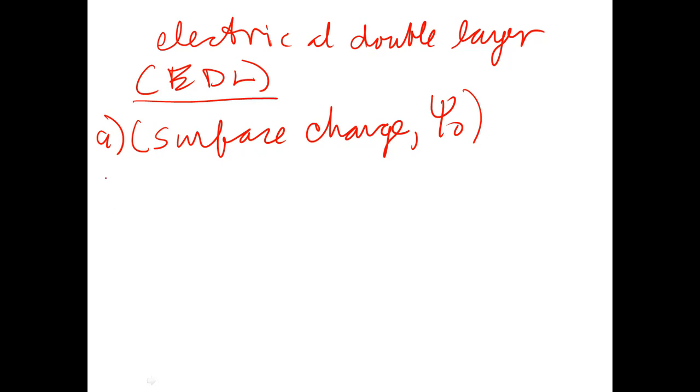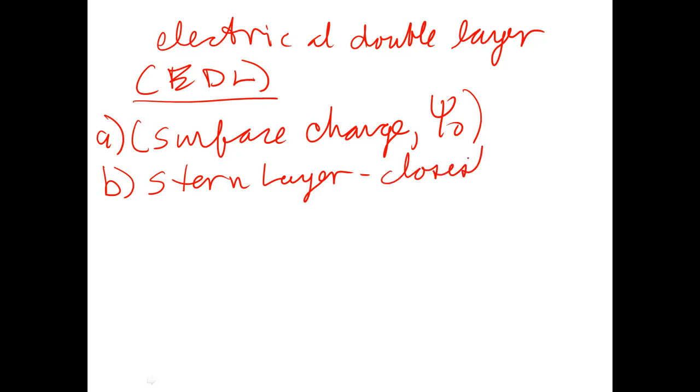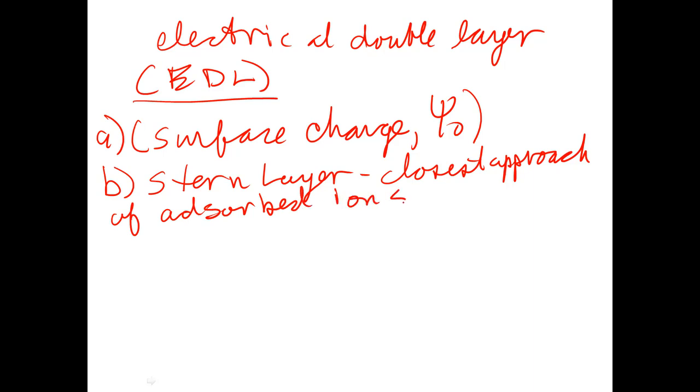In the drawing, it's section A. B is the so-called Stern layer. And we define the Stern layer as the closest approach of adsorbed ions.